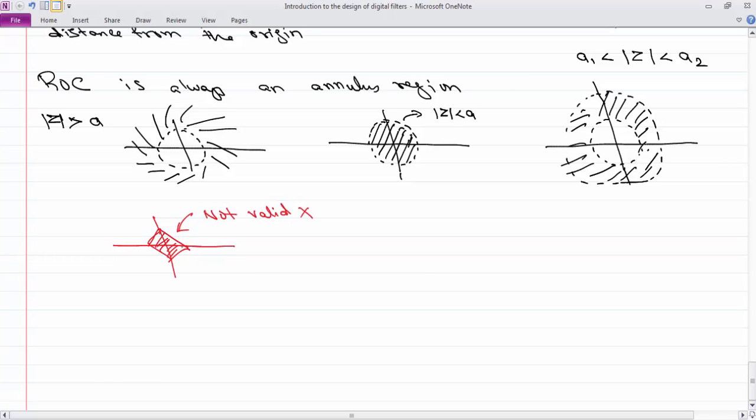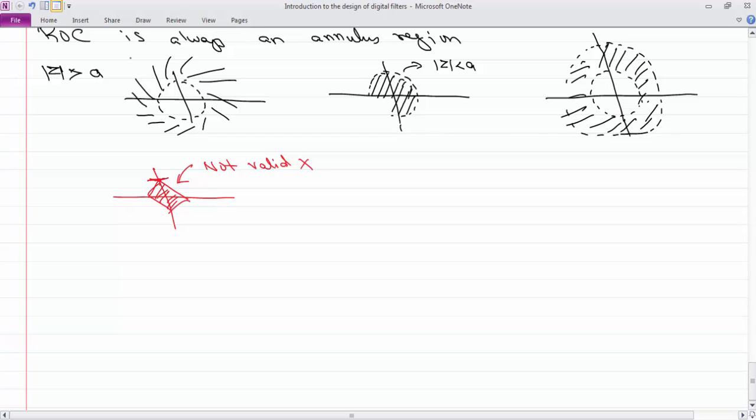Why? Because if at the top you have convergence, then all points which are that far away should be converging also, because it's a function of how far away you are from the origin.